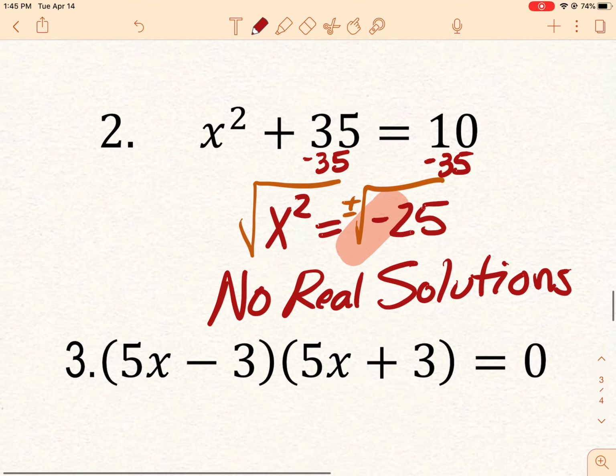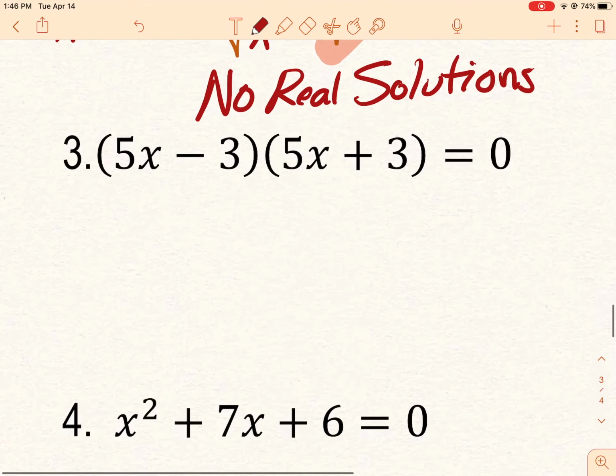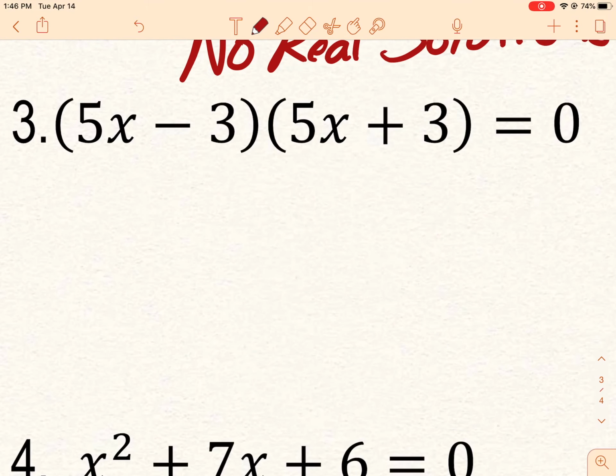Now, if you want your mind blown, what x ends up being is a plus and minus 5i, an imaginary number. But we don't know anything about that yet. So no real solutions. When we look at number 3, that's already factored for us.